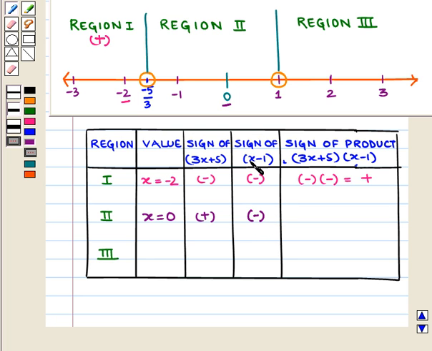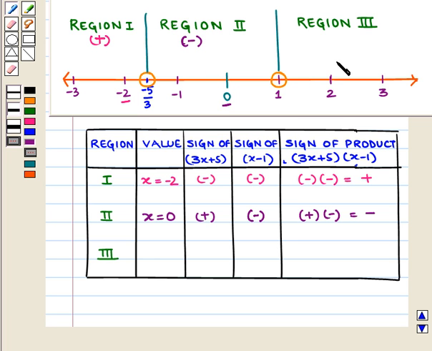So, sign of the product 3x plus 5 into x minus 1 is plus into minus equal to minus. So we write a negative sign on the number line for this region.